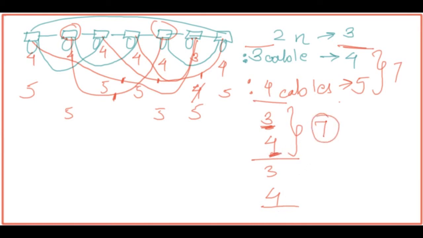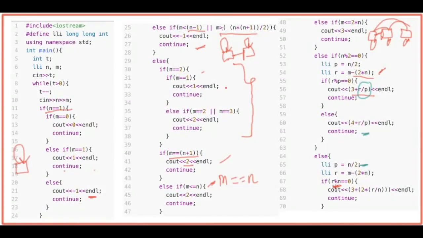That is the only case, and then I had two steps clubbed together. So I'm checking if r mod n is equal to 0, then 3 plus 2 into r by n. Because I clubbed two steps, I multiplied by 2 here.